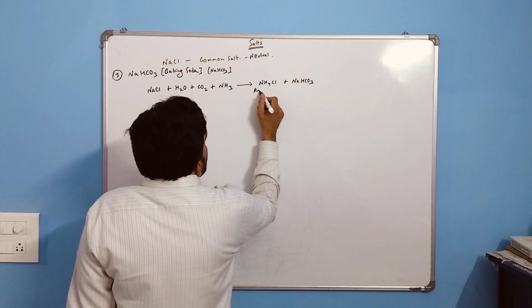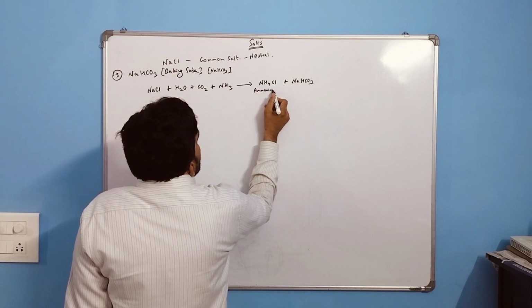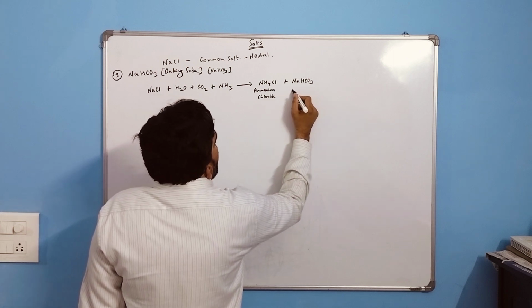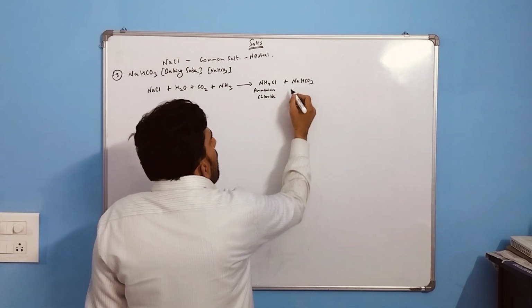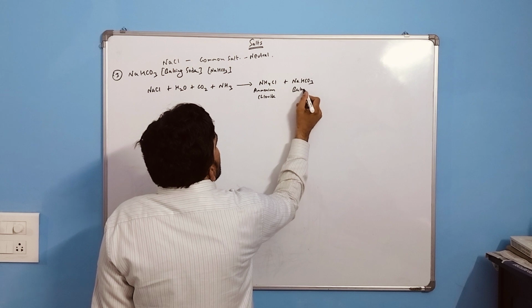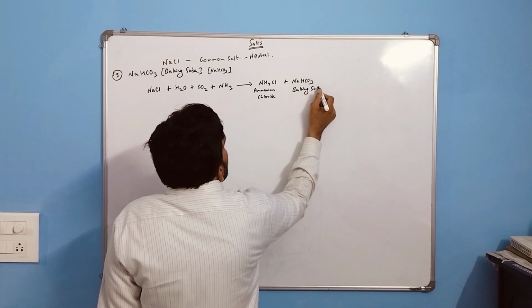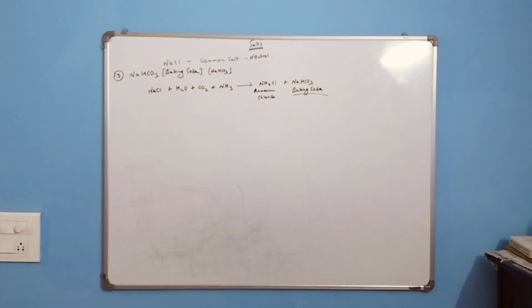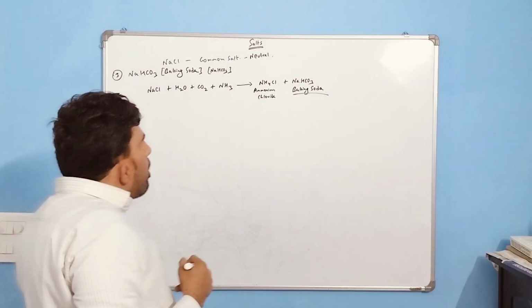That is ammonium chloride plus baking soda. Okay. We all know after writing the equation we need to balance it.